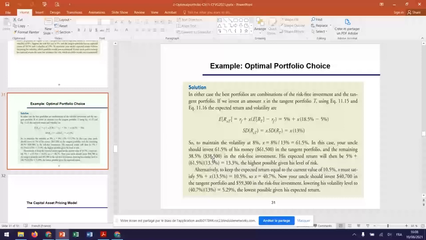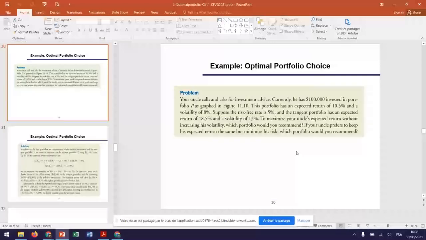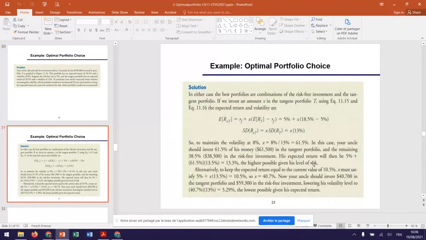In this case, your new portfolio allocation will give you volatility of 8%, but with the expected return of 13.3%, which is better or not? Obviously, it is better, because at the moment your uncle bears 8% of volatility, but he earned only 10.5%. With your new allocation, your recommendation will increase from 10.5% to 13.3% without increasing the level of volatility. Okay.